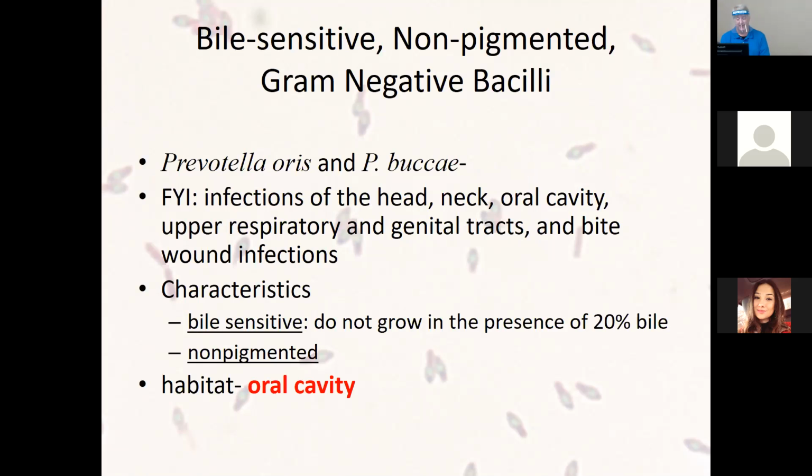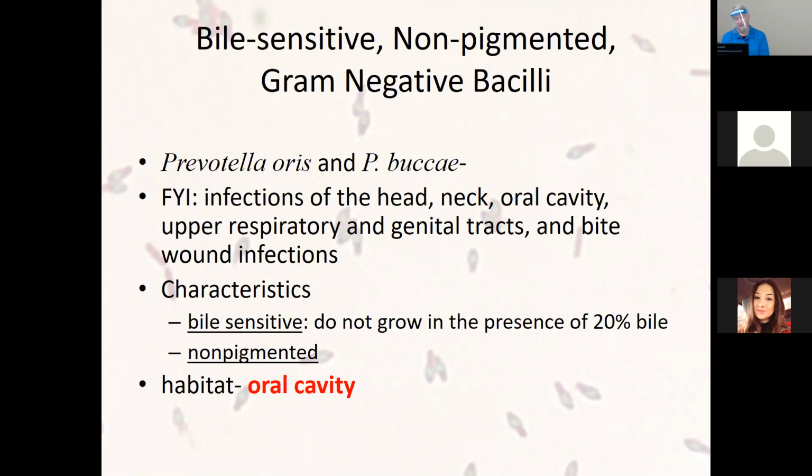Why does the second one have a dash? It probably has some more names. How are we going to say that last one? Buccae sounds better.